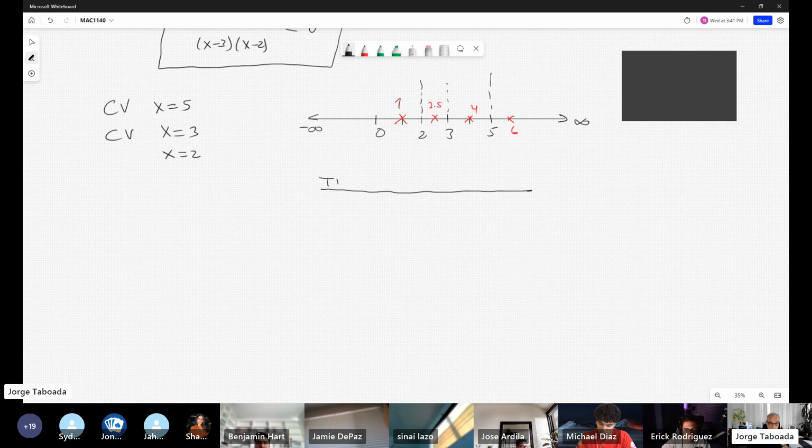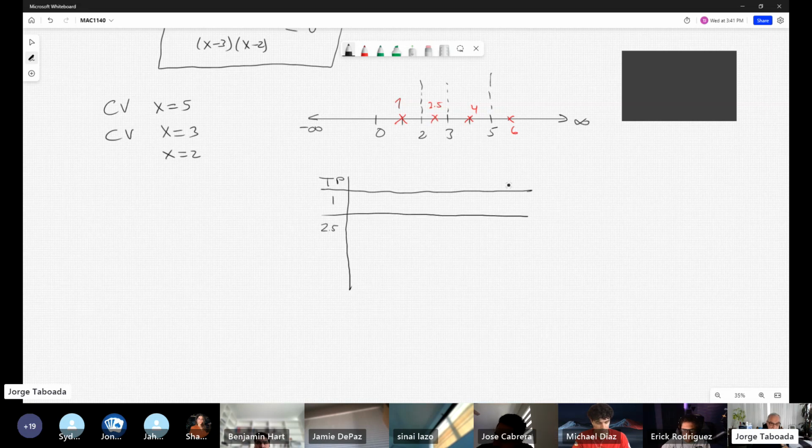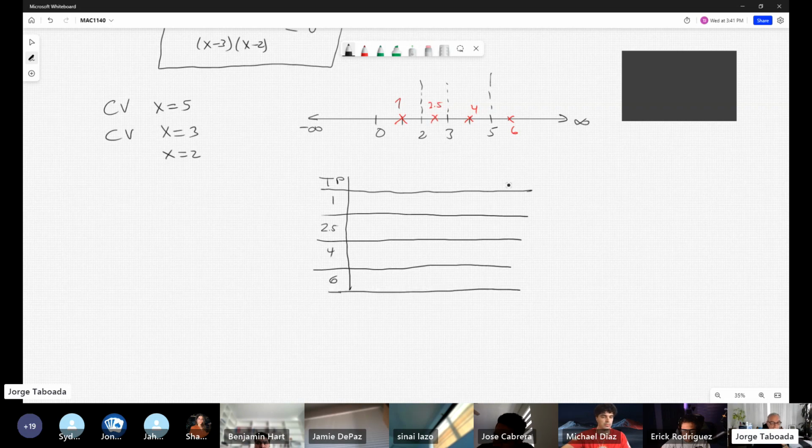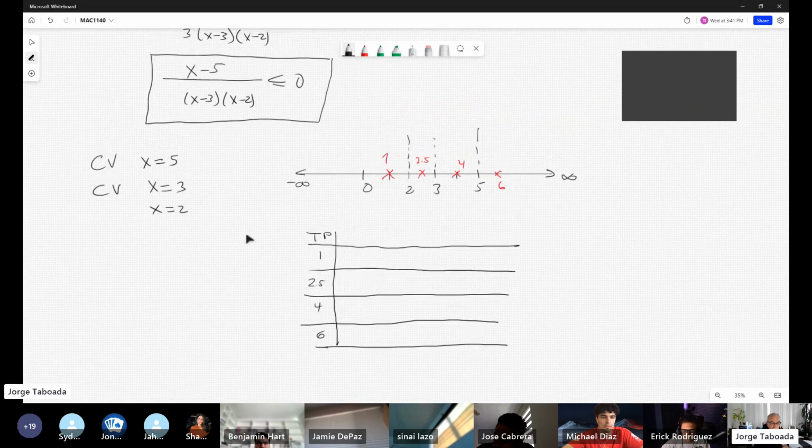Remember, the first column is testing points. I list them: we have 1, we have 2.5, we have 4, we have 6.